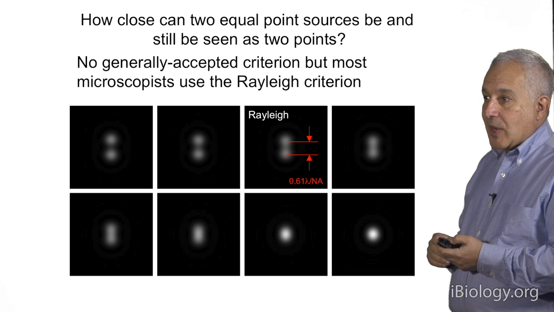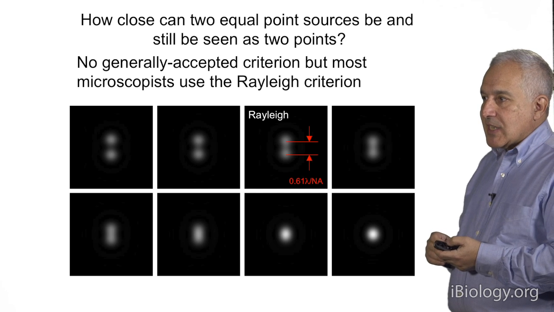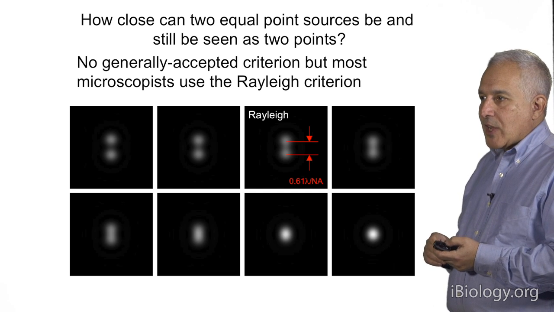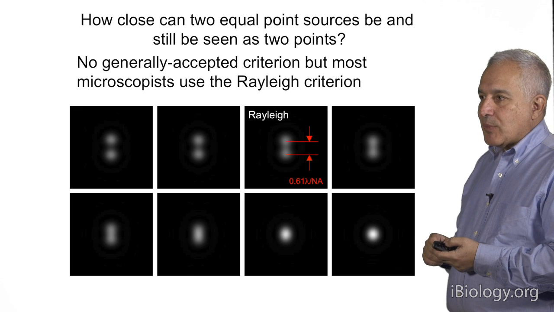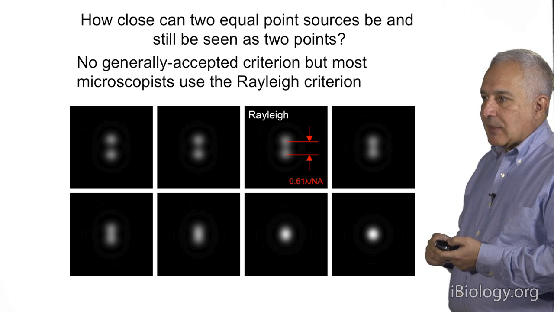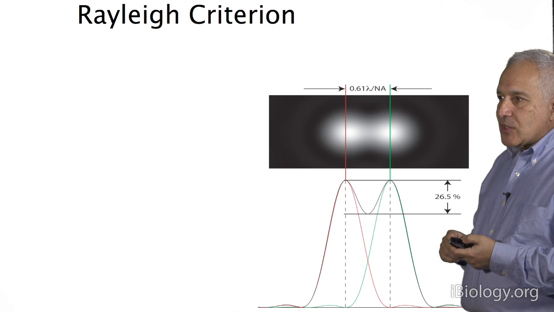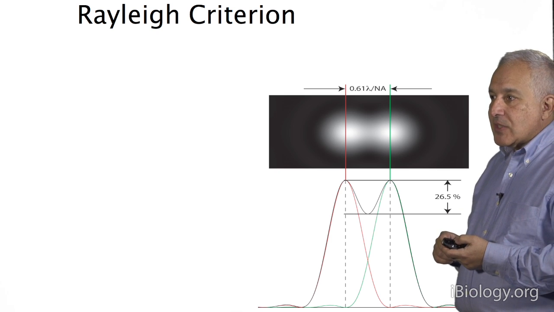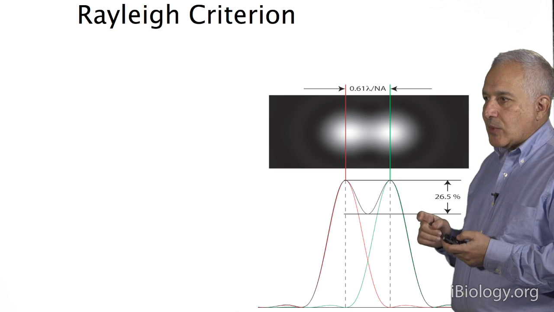It's an arbitrary criterion. It's not a generally accepted criterion that everyone says tells you the resolution, but most microscopists use the Rayleigh criterion, which is related to 0.61 lambda over NA, that distance. That distance, as I mentioned, is the distance between the center of one disk and its first dark ring. If we look at these traces, these are 2 points that are just at the Rayleigh criterion apart.